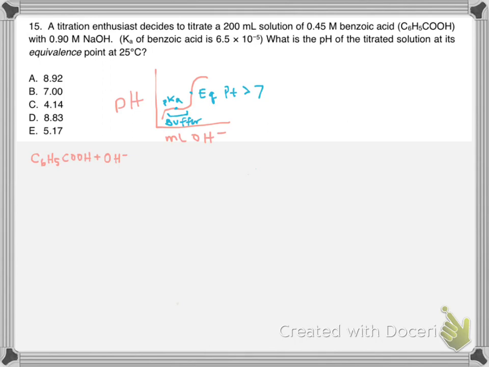Let's go ahead and look at this reaction here. We have our weak acid plus the hydroxide. The hydroxide is going to come in and take a proton from our weak acid and leave us with the conjugate base.